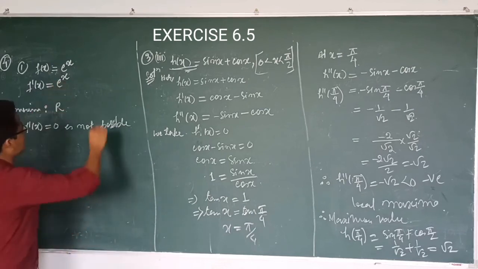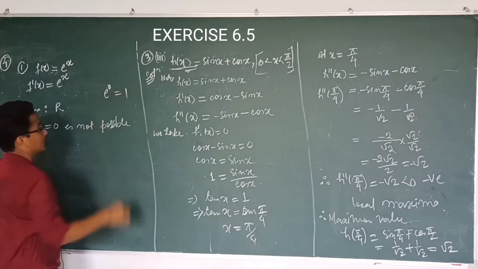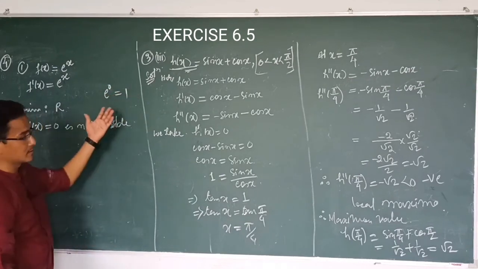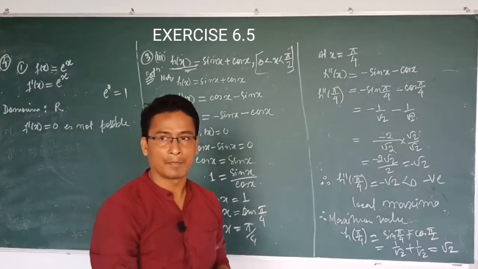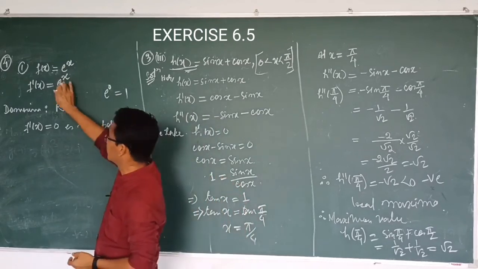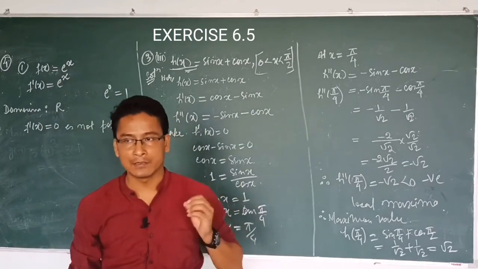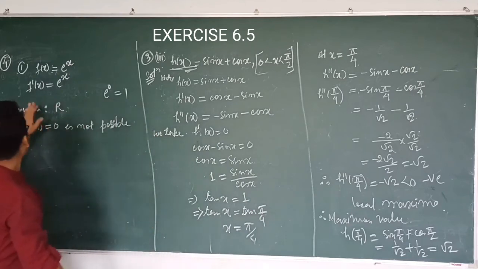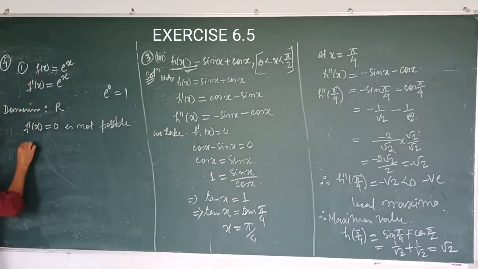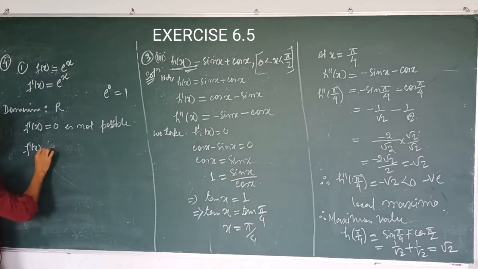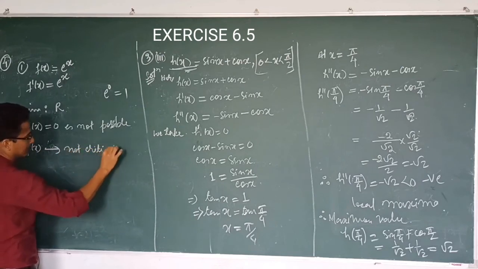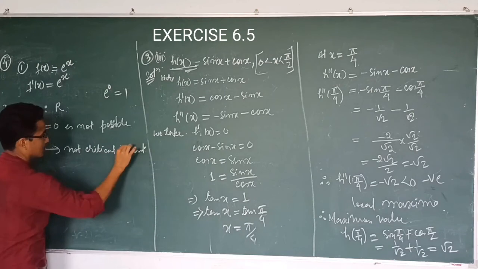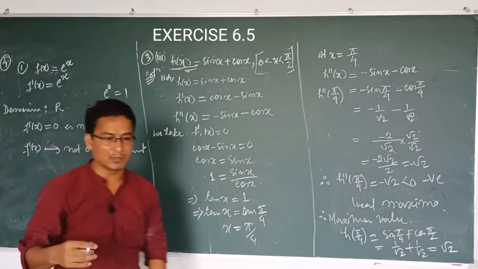If you put e to power 0, you get 1. If you put a negative value, that is also not 0. Any value of x you put here, you never get 0. Therefore f dash x has no critical point, so maxima and minima are not possible.